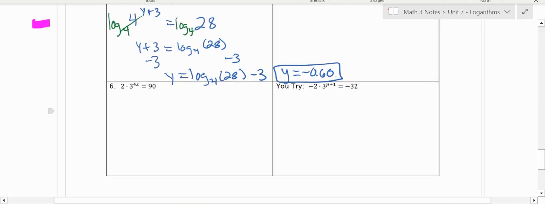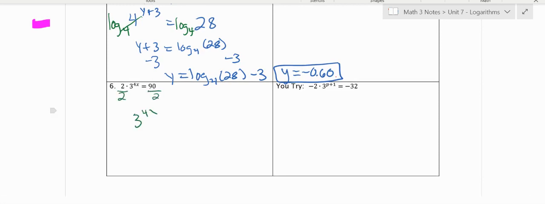For the last example, this is the final one, same thing. I'm going to get my base by itself and take log base 3 of each side. So we get 4x equals log base 3 of 45, and then we're going to divide by 4.